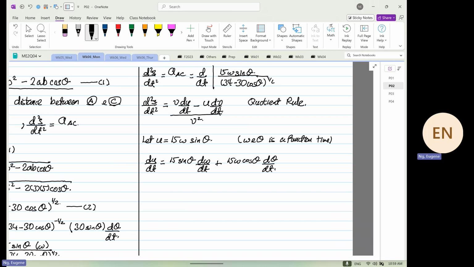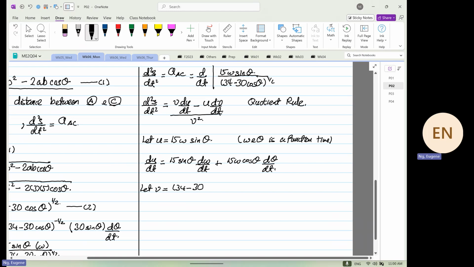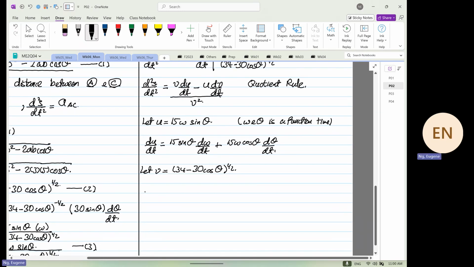Then the next one, we are going to let v is equal to 34 minus 30 cos theta power of half. Okay. So when we do dv over dt, this will be equal to half of 34 minus 30 cos theta to the power of minus half.